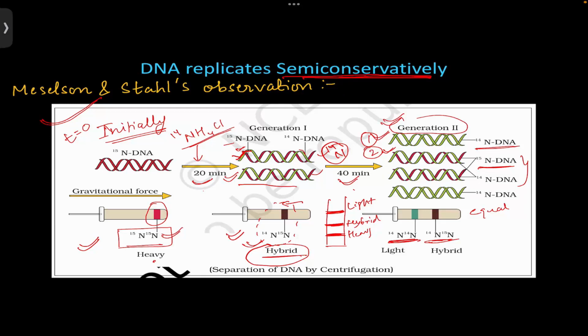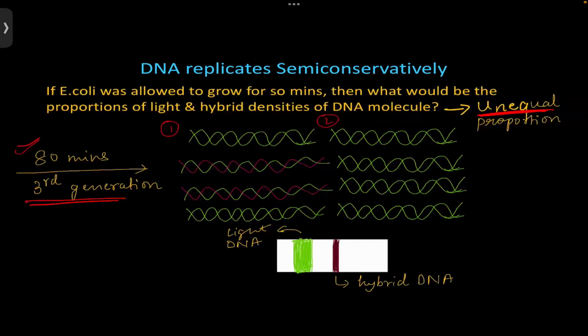So we'll get 1 molecule of light DNA, and another molecule will be a hybrid type. Why? Because to the red DNA strand, which contains the N15 isotope, a DNA strand will be synthesized which will contain only N14. So we'll get 1 hybrid DNA molecule, and another will be light.